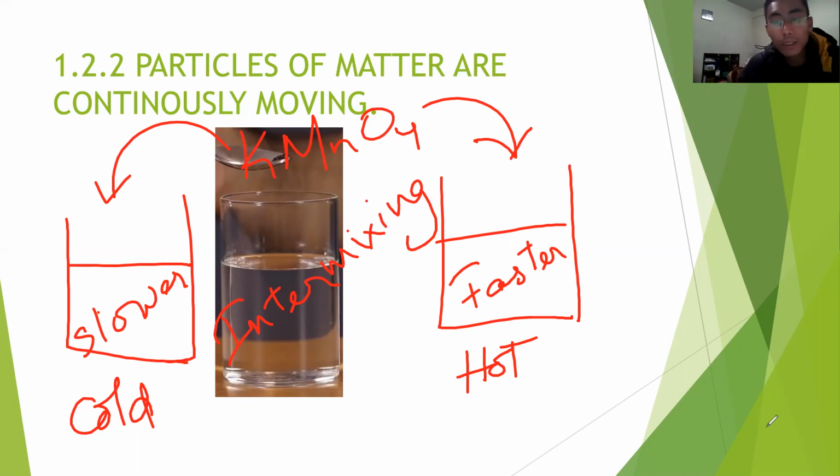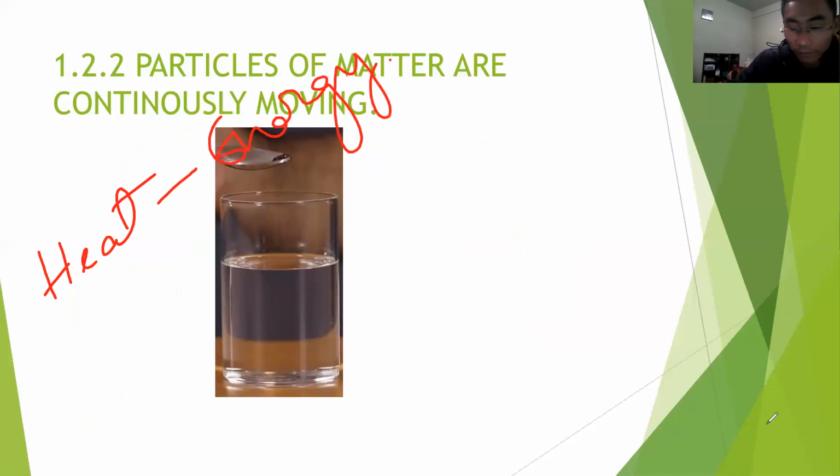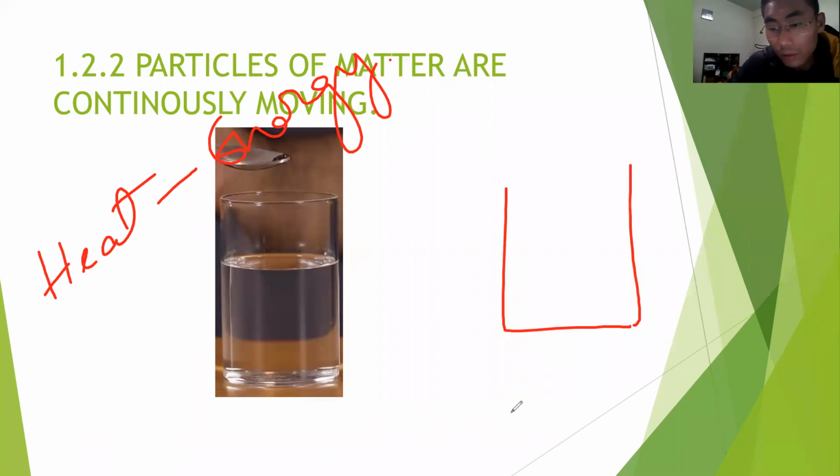Now, see, this is because in hot water there's heat involved. Heat is nothing but a form of energy. So consider this is your glass of hot water, and you have put potassium permanganate crystals.